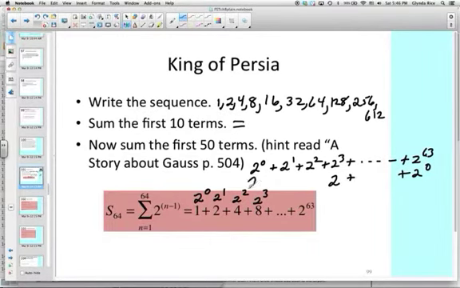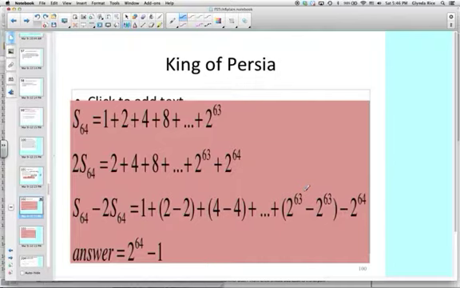By the time you get down here, this would be 2 to the 63rd. So 2 to the 62nd, 2 to the 61st, 2 to the 60th. And what do you notice? In each case, you add to it 2 to the 63rd, so you have that whole thing lined up.